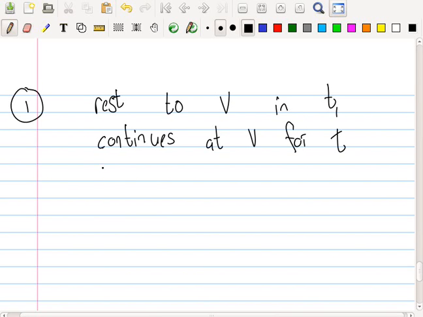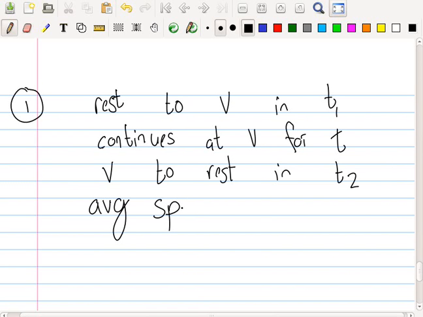So it goes from v to rest in t2 seconds. And we're also told that the average speed equals 3/4 V. So you have 4 pieces of information.